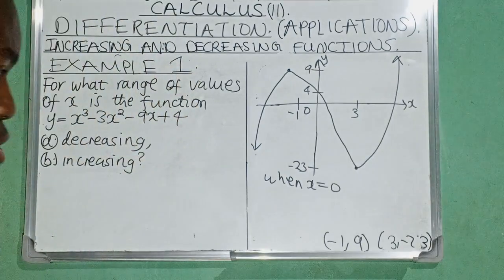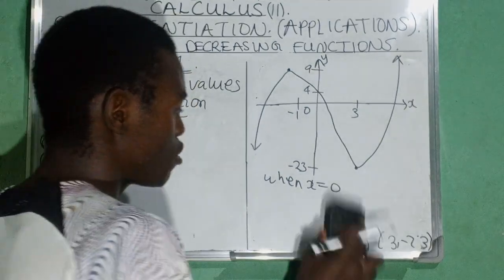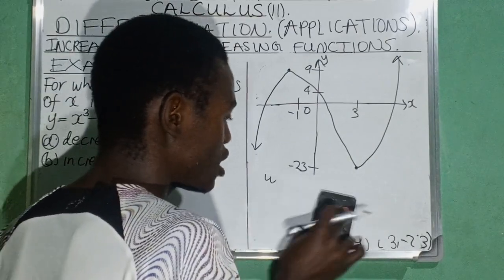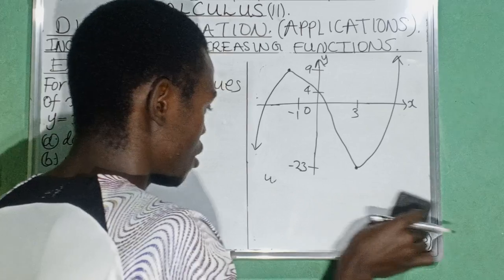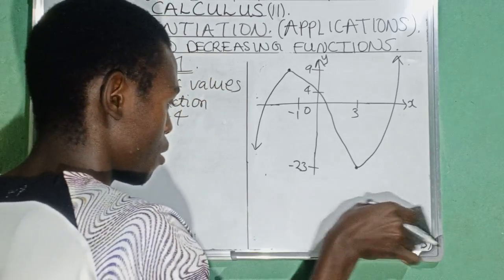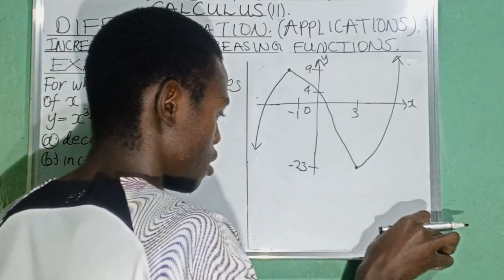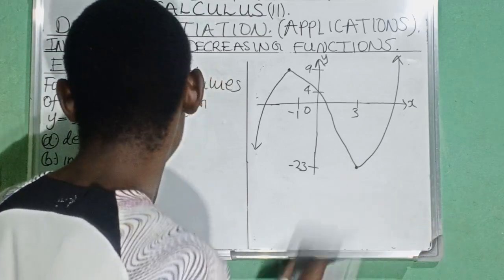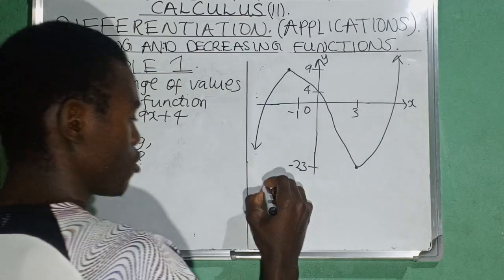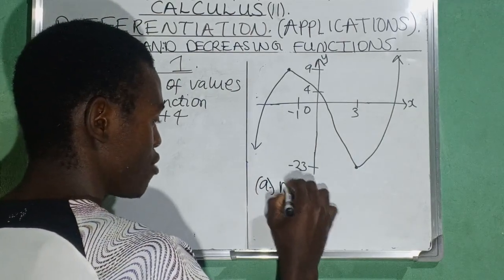You see now the curve is looking. So when we plot this curve, we can actually tell where the curve is decreasing and where it's increasing.